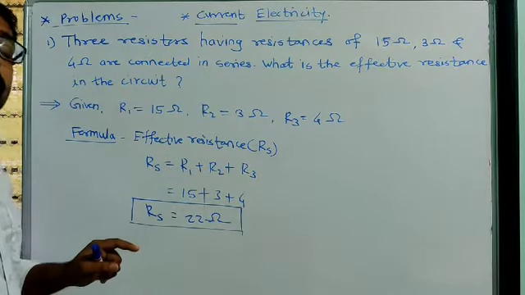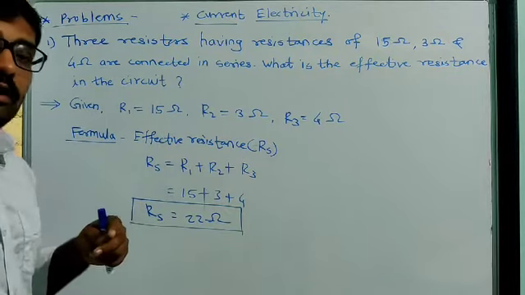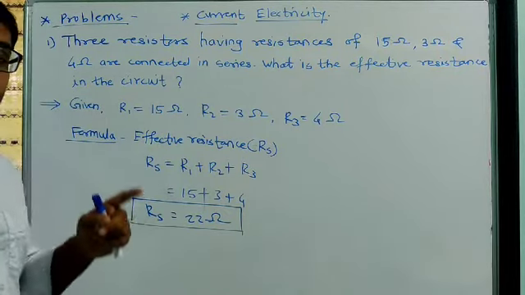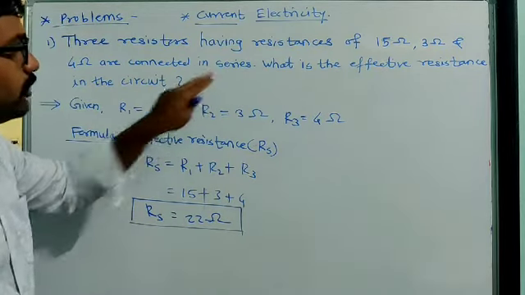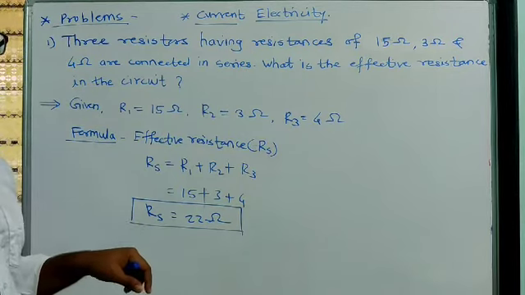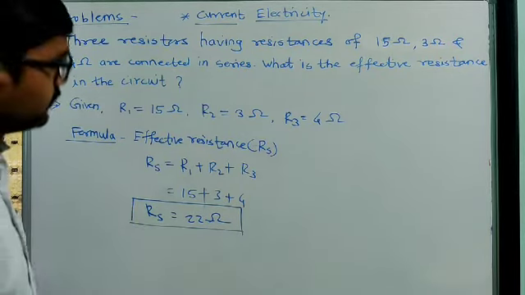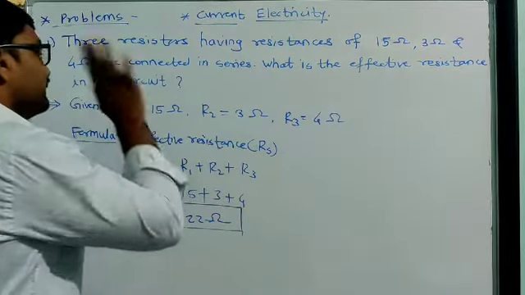It means the formula we have to use is RS is equal to R1 plus R2 plus R3. This word is important, as it decides which formula we have to use to solve the problem. Then, what is the effective resistance in the circuit?